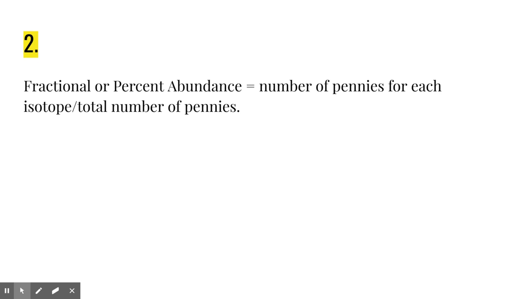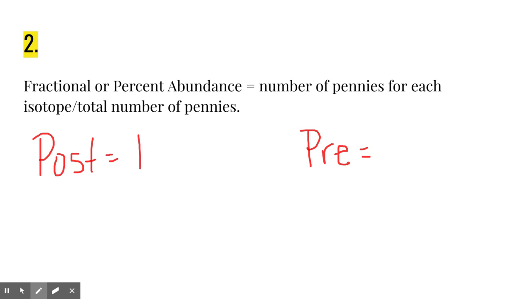We have our post, and we're going to have our pre. So how many post pennies did we have in our sample? Well, we had 16. How many atoms or pennies did we have total? We had 20. So 16 divided by 20 gives us 0.8, or we could say 80%.